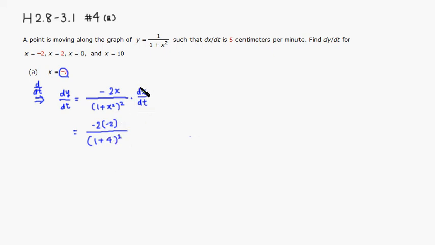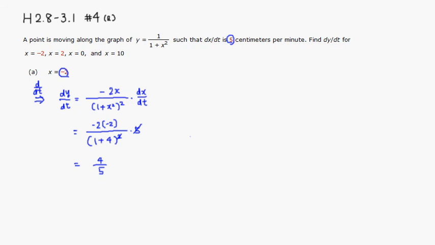Then dx over dt is 5, so multiply by 5. So this is 5 over 5 squared, so one of the 5s cancels out. Then what you get is -2 times -2 is 4, then you have 5 on the bottom.